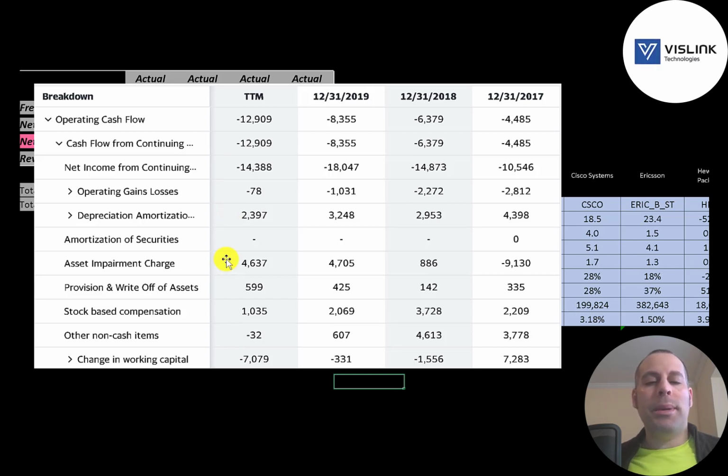An asset impairment is when you decrease the value of an asset on your balance sheet and pass through the loss onto your income statement. So it brings down your net income, but we have to add it back here in the CFO section. They also had $1 million in stock-based compensation and negative $7 million in changes in working capital. So even though they reported a $14 million loss, they actually lost $13 million of cash flow.